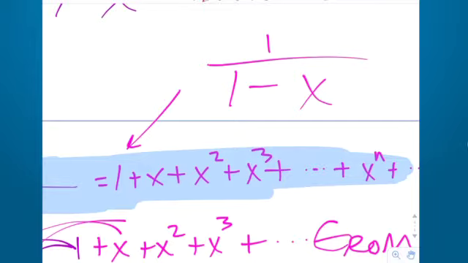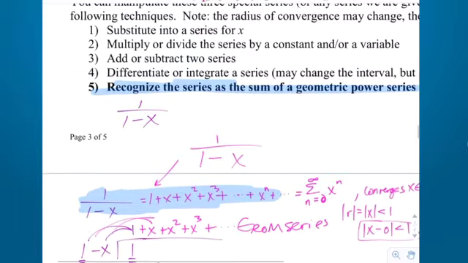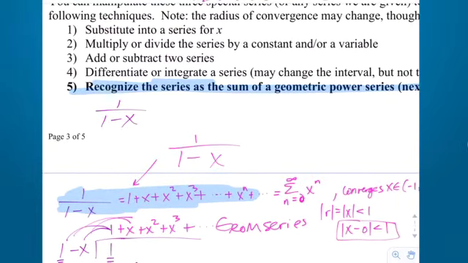This is the geometric series for 1 over 1 minus x. And it converges for all x between negative 1 and 1. Pretty cool. So that is the other series that you need to memorize. And in the next section, we'll practice a lot more with that one. We can actually now find sums of series or power series that are of that form.